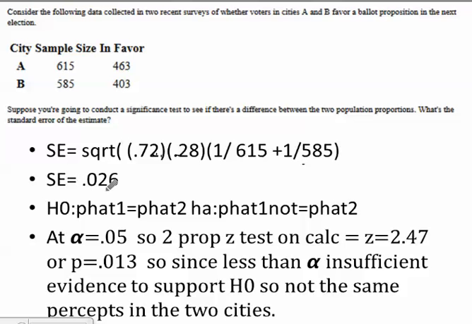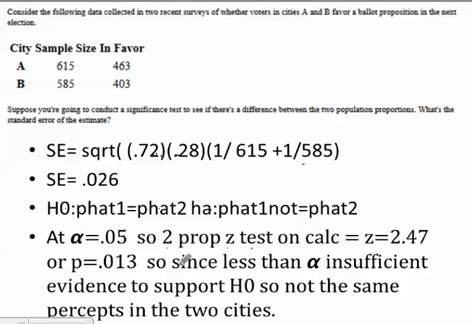Our null hypothesis is that p1 and p2 are the same, they're going to be equal. Our alternative hypothesis is that p1 is not equal to p2. At alpha of 0.05, 95%, this is a two proportion z-test.